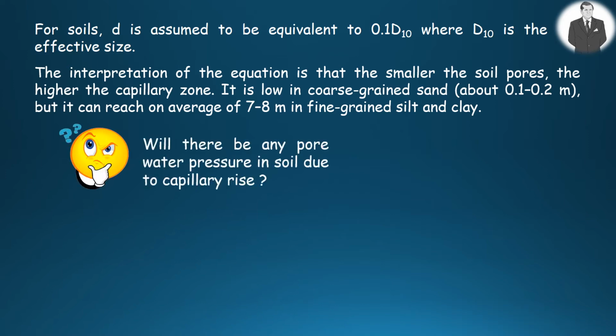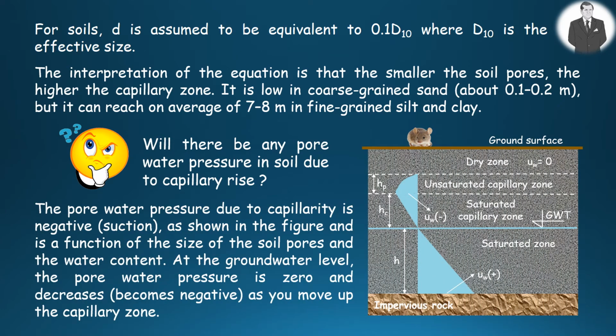The question is, will there be any pore water pressure in soil owing to capillary rise? Well, the pore water pressure, because of the capillarity, is negative, as shown in the figure. And it is a function of the size of the soil voids and the water content.